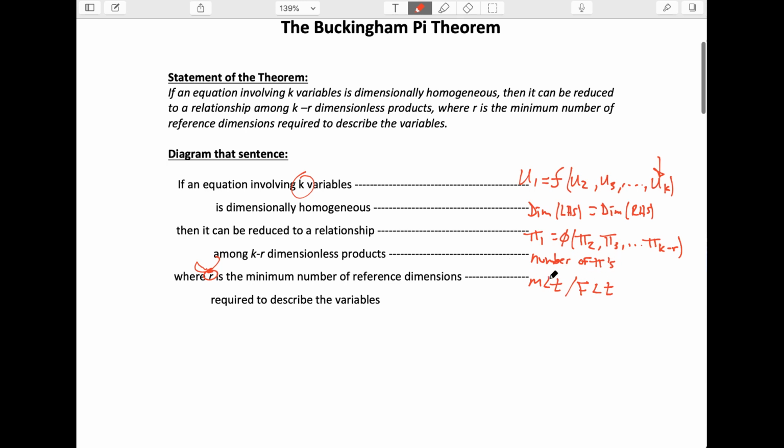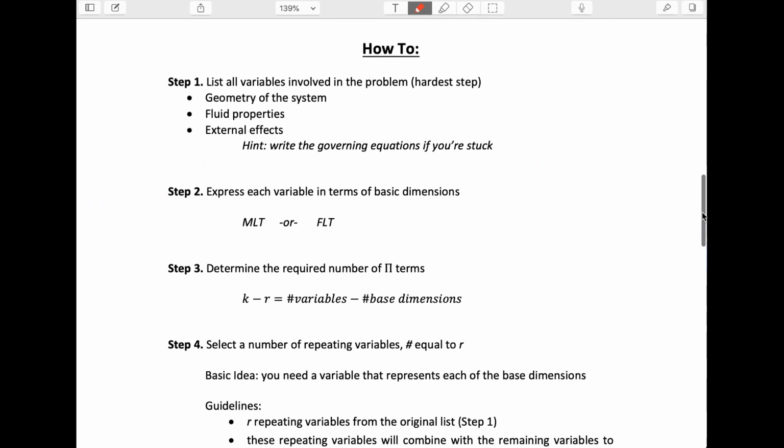There's 7 total reference dimensions, but these are the 3 that seem to be the most relevant, or the 2 different sets of 3. So k minus r, what that means is we start with k variables, we'll probably get to reduce it by up to 3 total. And so hopefully we're shrinking the complexity of the problem. So let me talk you through the steps on how to do this, and once I've done that, we'll give you a couple example videos that really unpack this.